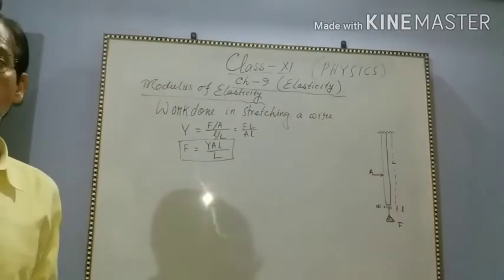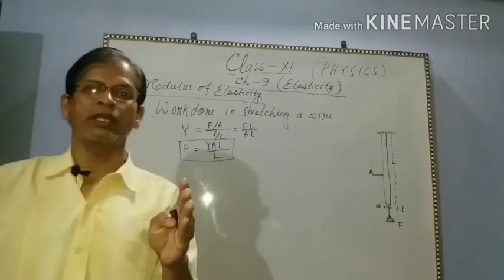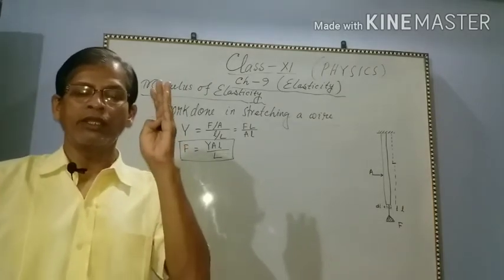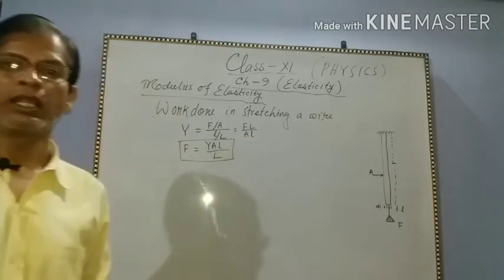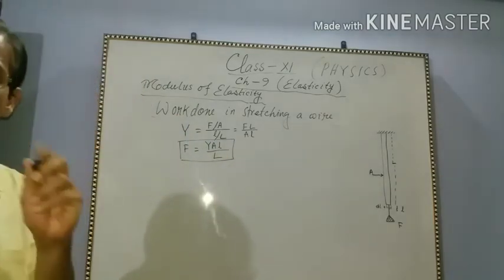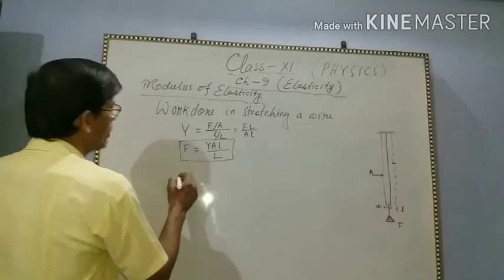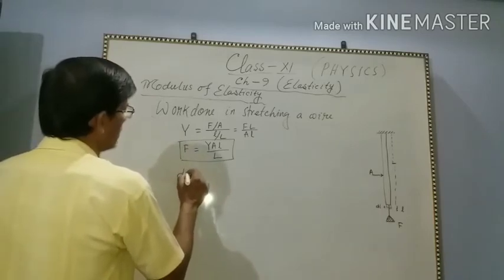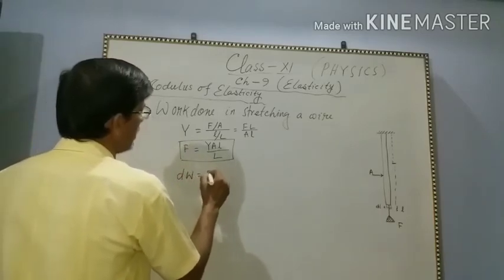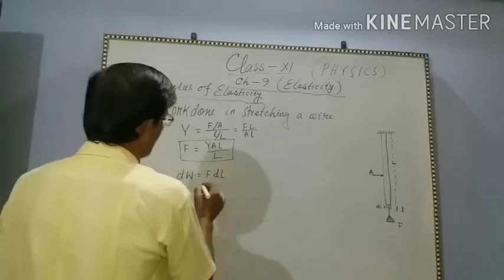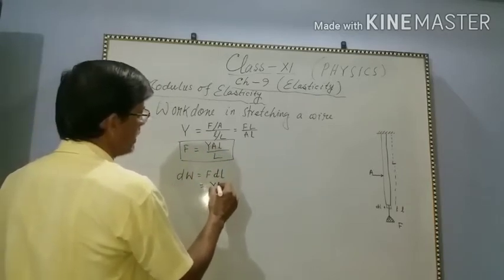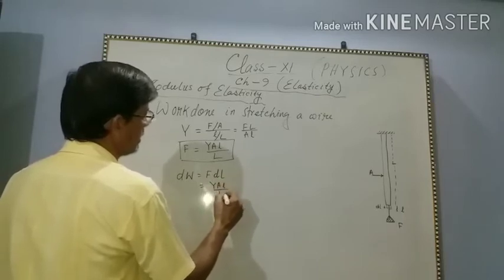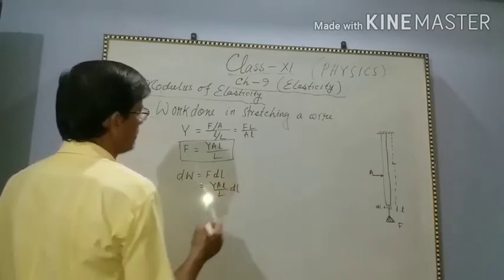Due to this, there will be a small amount of work done. So what will be the work done? dW equal to F dl. So F is Y A l by L, dl.